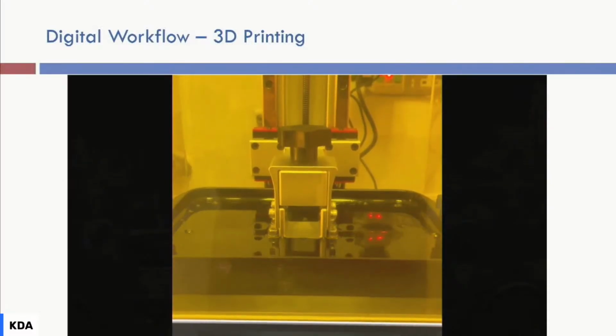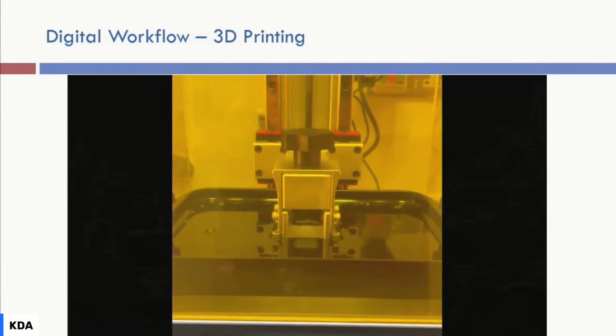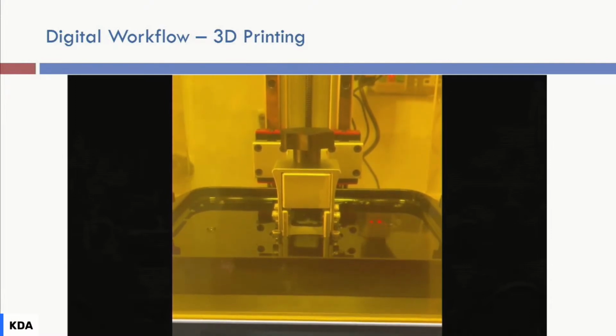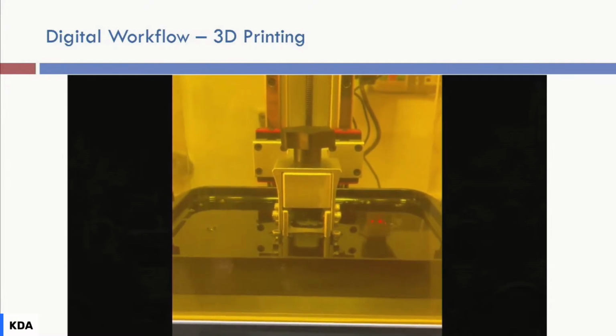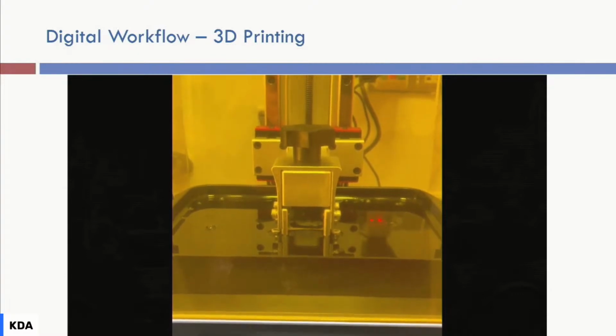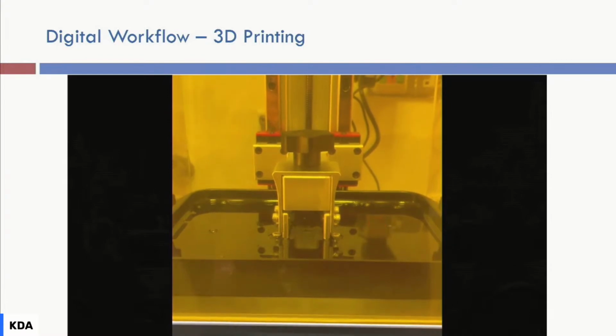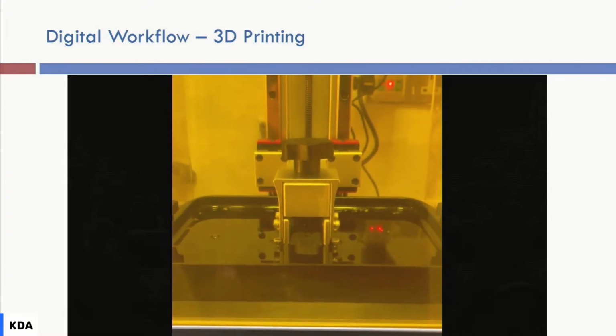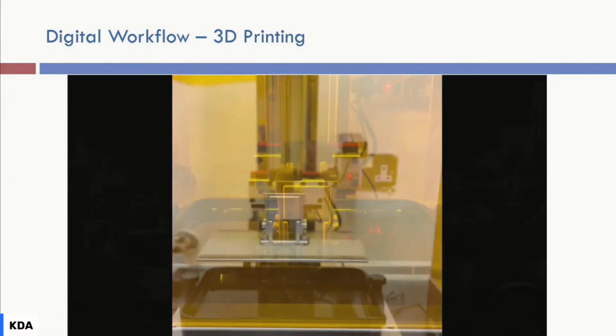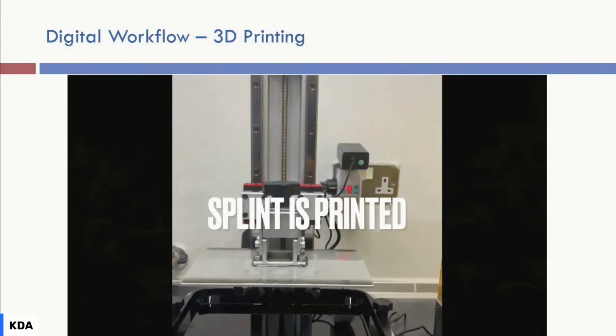There is another printer that uses structured light, but here it uses LCD, and it goes down, the light gets projected at each layer. It's like the old DLP printers that we used to have, but this is a 3D printer in which layers come on top of each other.